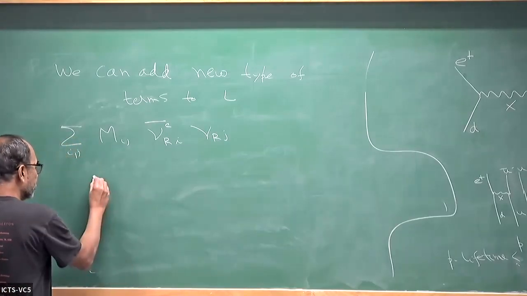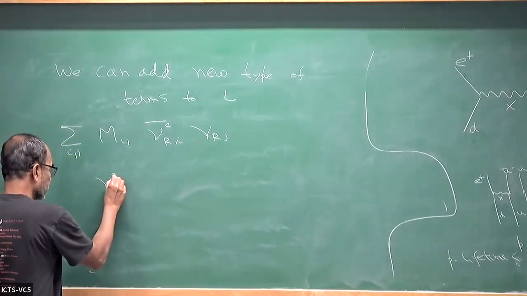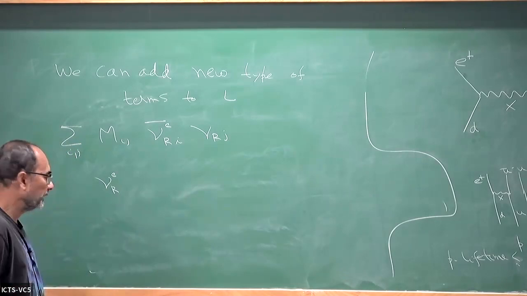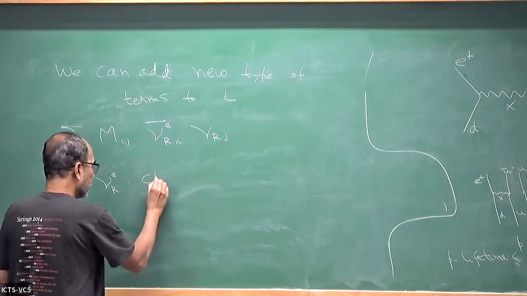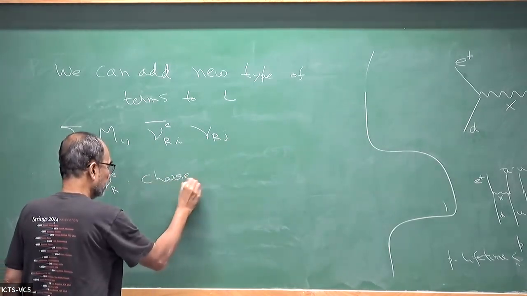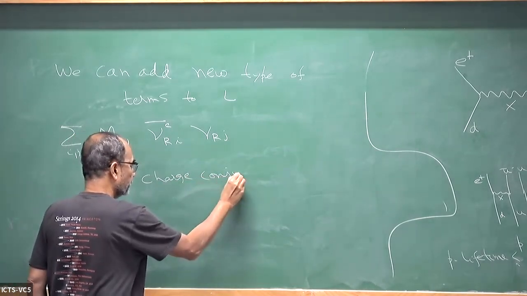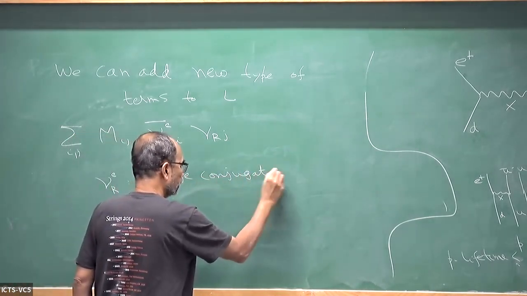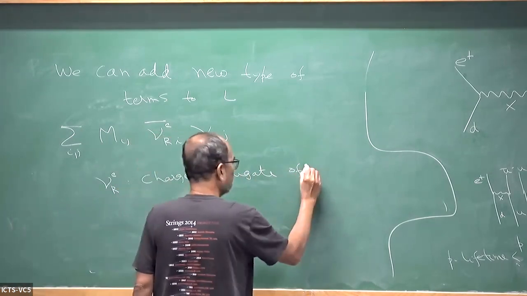Where nu R C, this is the charge conjugate of nu R.